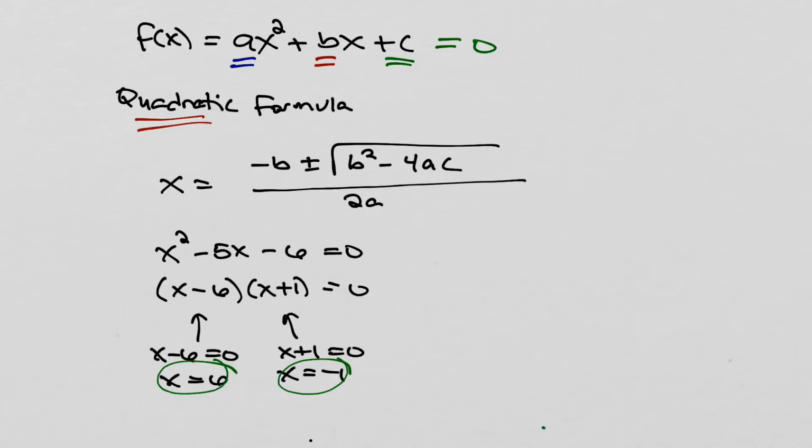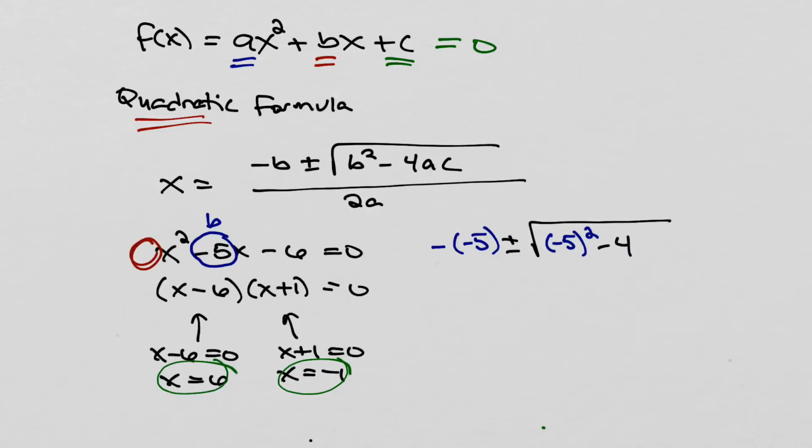So the way we can set it up is, it'll be negative b, and in this case, there's my b value, it's negative 5, so I'll have a negative 5, and then it's plus or minus the square root of b squared, so again I've got this negative 5, and I'll square it, and then that's minus 4 times a, which is the number in front of the x squared, and remember if there's no number there, it's assumed to be 1, right?